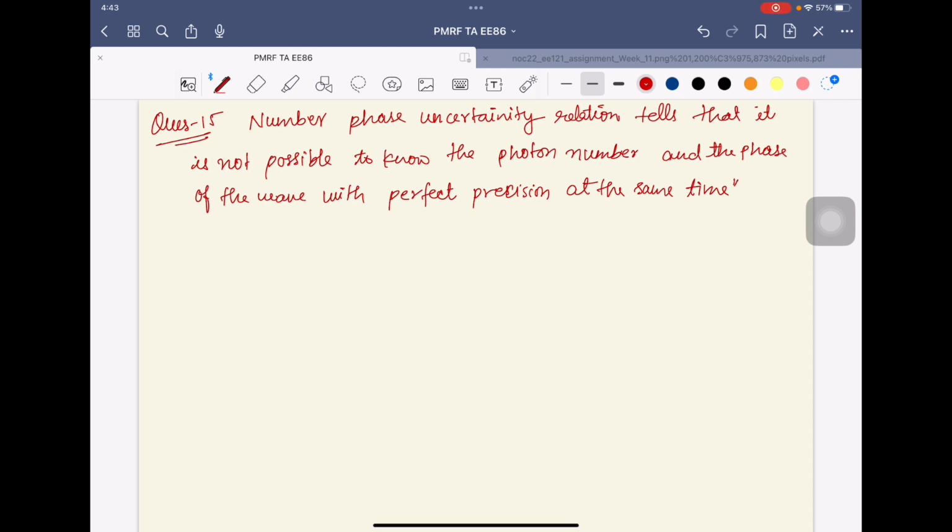Given below are two statements in regards to the number phase relation.